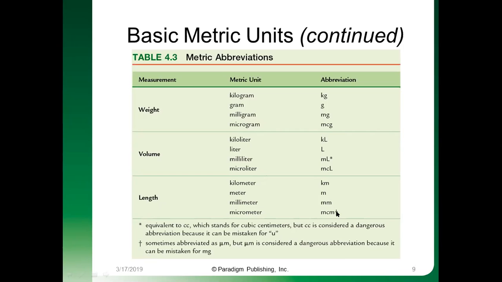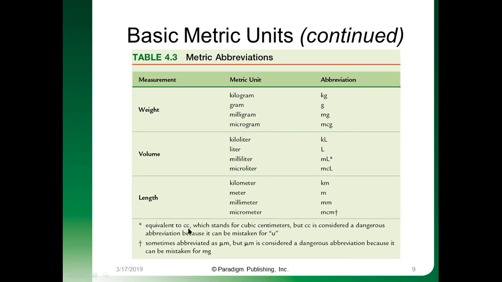So it has this little symbol next to it. That means that sometimes the abbreviation is also written with the mu m, but mu m is considered a dangerous abbreviation because it can be mistaken for milligrams. So it's rarely used, but it can still be used. And also for milliliter, again, this is equivalent to cubic centimeter.